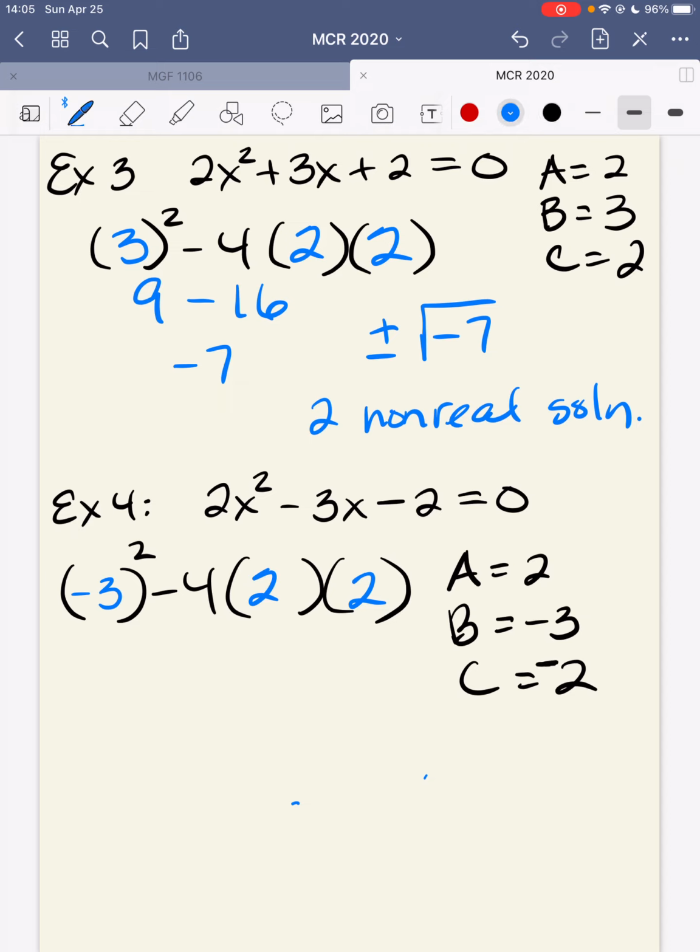And so when I plug it in, it's not going to change the value of my b squared, that's still going to be 9, minus, but now I have 4, and let's take the minus with it, times 2, which is negative 8. And negative 8 is going to be times a negative 2, which is going to give me a positive 16.